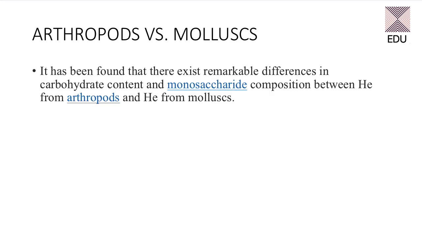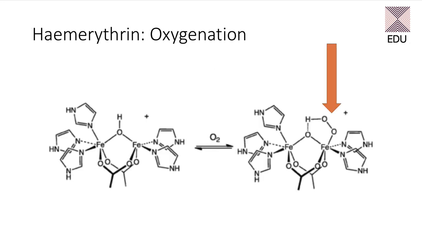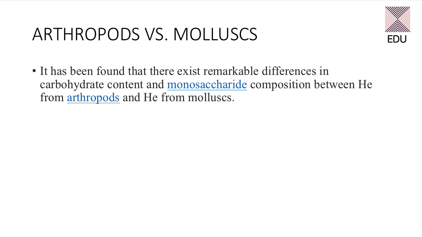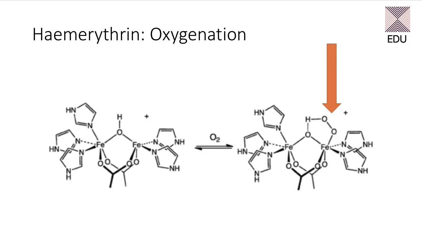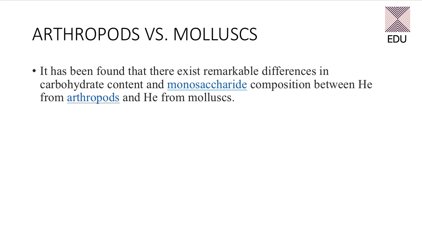So if we compare the arthropods and the mollusks for hemerythrin, they are also different. As we have previously discussed, the components are different in arthropods and mollusks. So here also we have different hemerythrin in case of arthropods and mollusks.